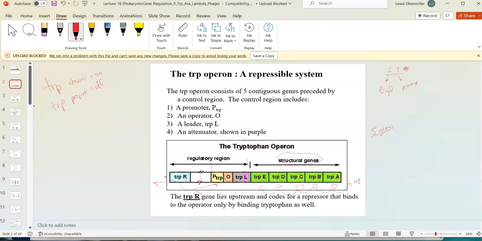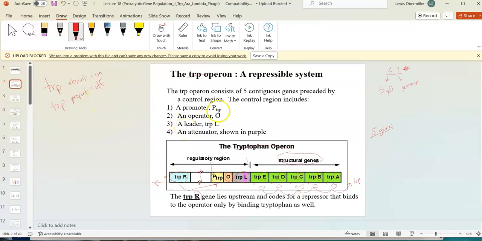And this is exactly opposite of what lactose is. So lactose induces the gene's expression, it turns it on. In this case, tryptophan represses the gene's expression and turns it off. So that's why it's called a repressible system.